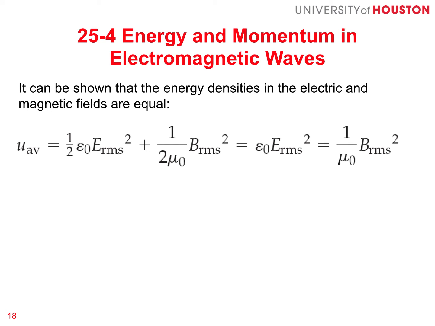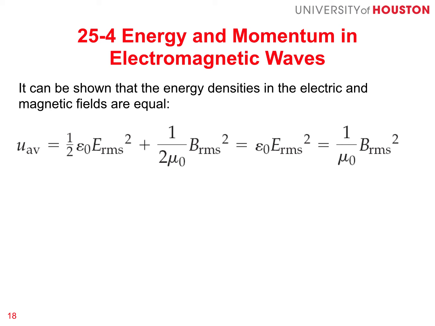It can actually be shown that the energy density from the electric contribution is the same as the energy density from the magnetic contribution. If we write the average energy density, and we're interested in an average because the electric and magnetic fields are varying, this average energy density will be half epsilon zero times the RMS of the electric field squared plus 1 over 2 mu zero times the RMS of the magnetic field squared.